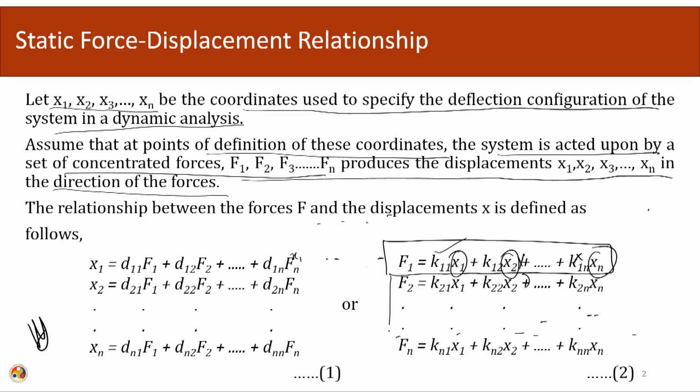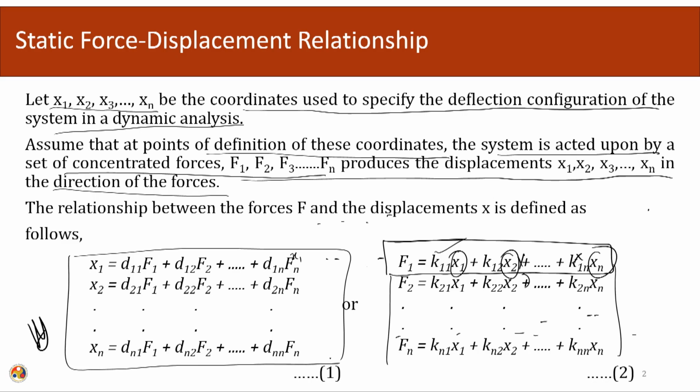F2 also follows the same path. So, we can write in terms of force balance also, or we can use the relationship between the displacement also. So, we are first trying our hands with the static approximation of this multiple degree of freedom system.